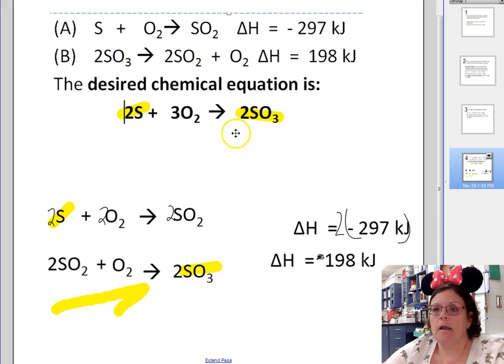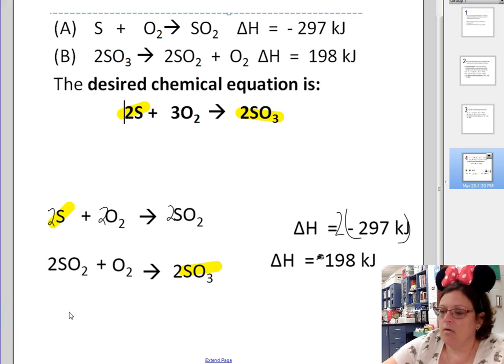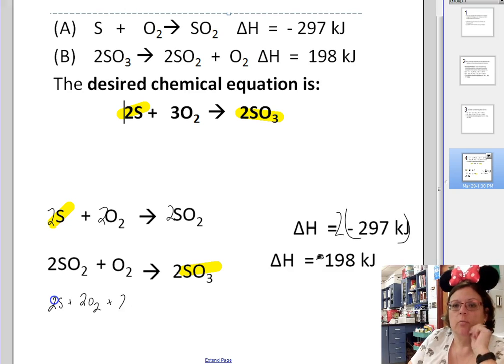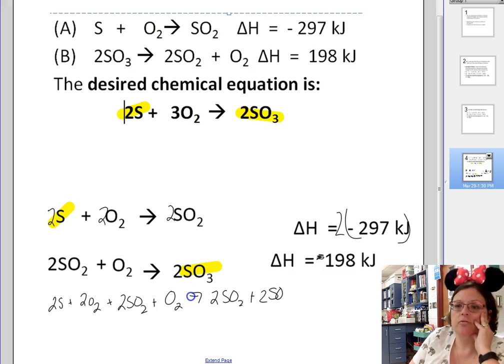I can bring my highlight back up. Now, I'm going to mush them together. 2S plus 2 oxygen plus 2 sulfur dioxide plus 1 oxygen will give us 2 sulfur dioxide plus 2 sulfur trioxides.